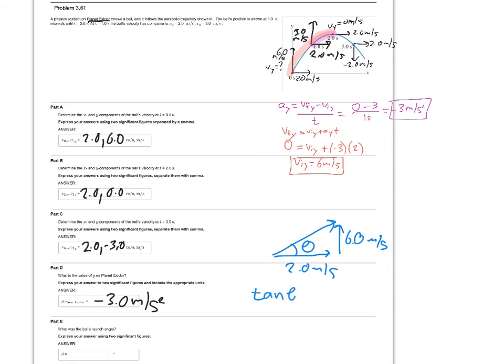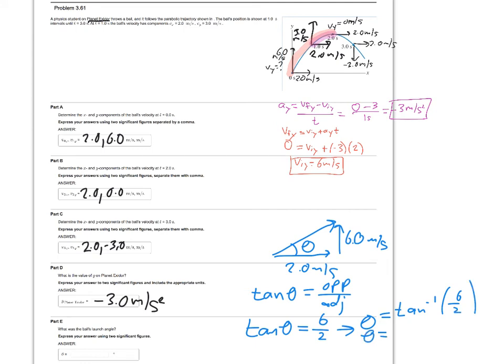Knowing that tangent is just opposite over adjacent, I can say tangent of that angle is going to be equal to 6 over 2, which means the angle is going to be the inverse tangent of 6 over 2, and that gives me a launch angle here of 71.6 degrees. Rounded to 2 sig figs, it would just be 72 degrees. And there's my answer to part E.